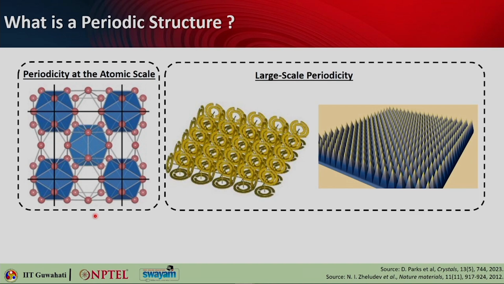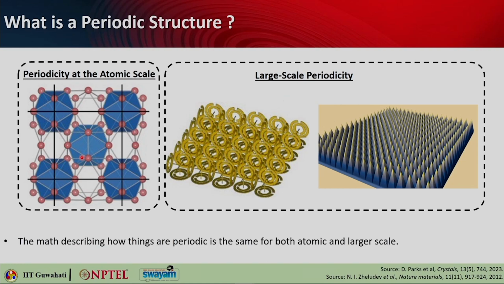And if you copy that natural thing into your engineered object, you can also make periodic arrangements of different structures which are periodic in 2 dimensions or 3 dimensions depending on your application need. So here also you have large scale periodicity. Here we have discussed atomic scale periodicity. Now because it is periodicity, the math describing these things in both this atomic scale and large scale is basically the same.